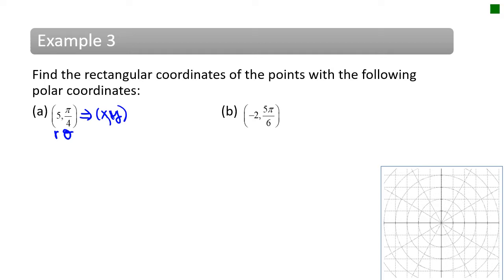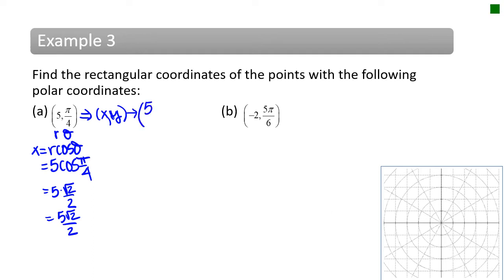Again, we learned that relationship that x equals r cosine theta. So that means the x value is going to equal 5 times the cosine of pi over 4. So I get 5 times root 2 over 2, which is 5 root 2 over 2. So my x value is 5 root 2 over 2.